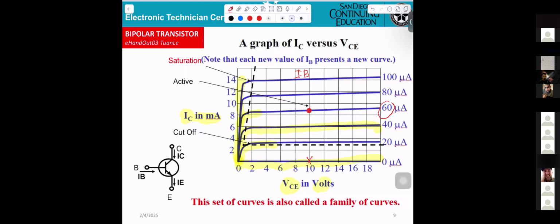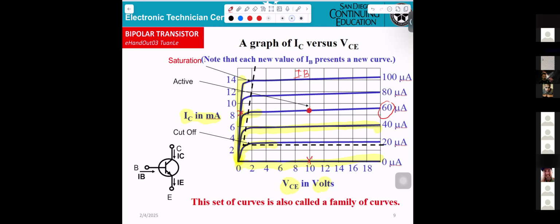If you want the current IC, you go to the left. That's how you can get the current. And that's the ideal optimum area where you want to operate the transistor. So that will be helping people.